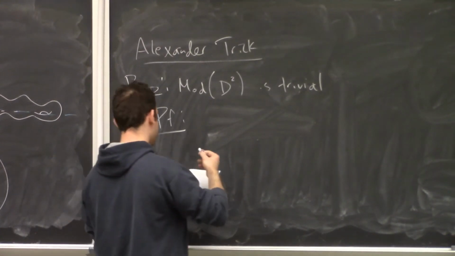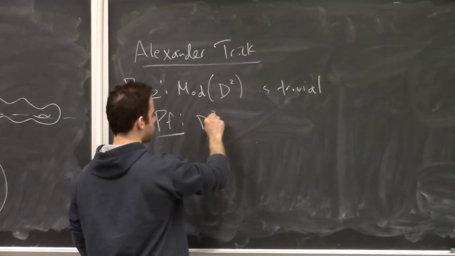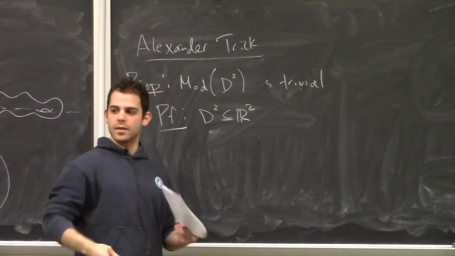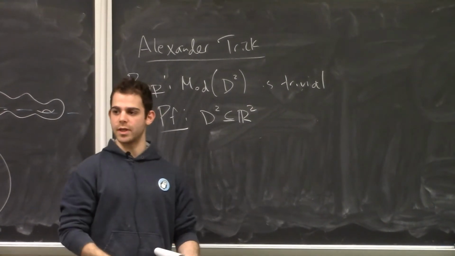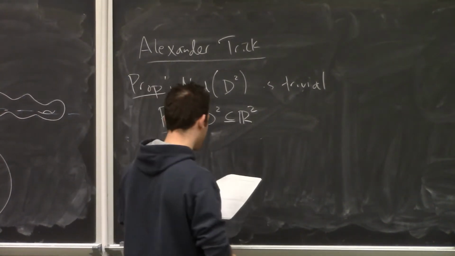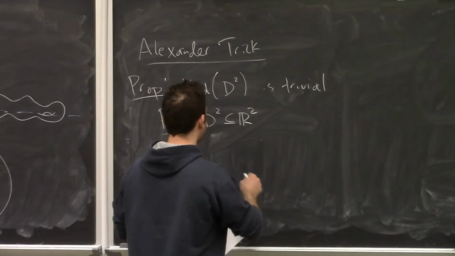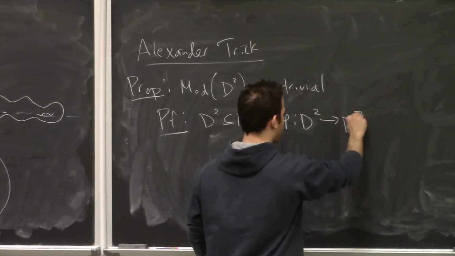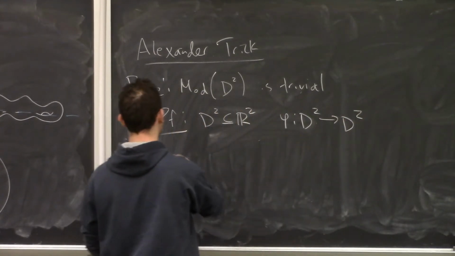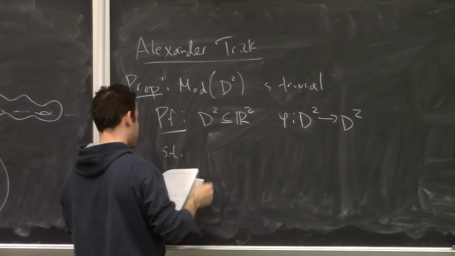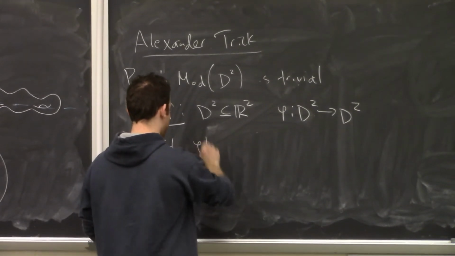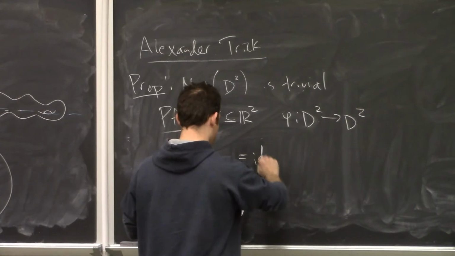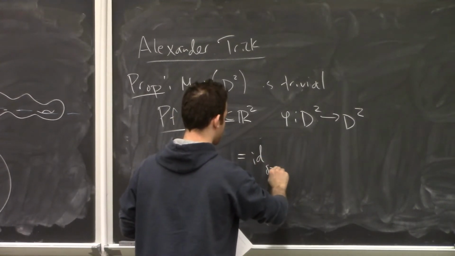So let's embed D2 in R2, right? So instead of looking at D2 abstractly, we can actually just picture a disk in the plane. And let phi be a homeomorphism from D2 to itself, such that phi restricted to the boundary of D2 is just the identity on the boundary, right?